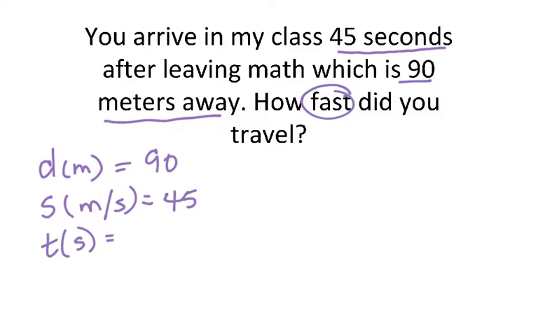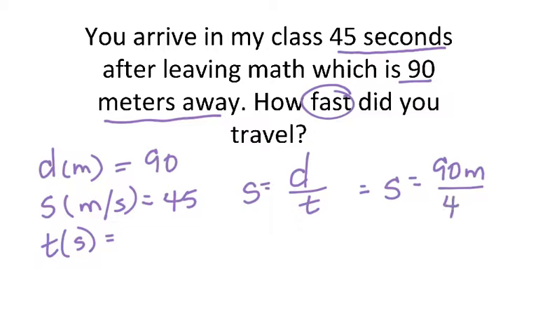All right. So distance, speed equals distance divided by time. So speed equals 90 meters, 45 seconds. So my speed is 2 meters per second.